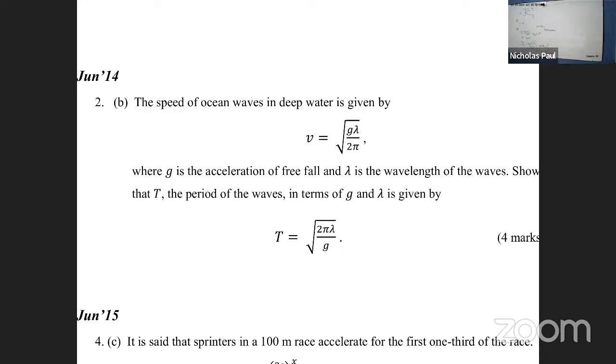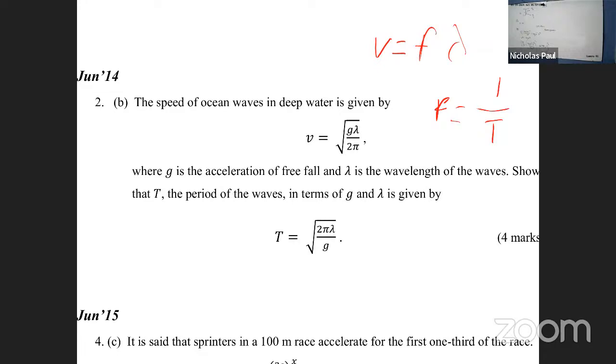I'm missing that formula then. Anybody remember it? What's the formula that can help you link two of them? How do you find the speed of a wave? V is equal to what? F lambda, right? And F equals what? The formula for finding frequency is what?